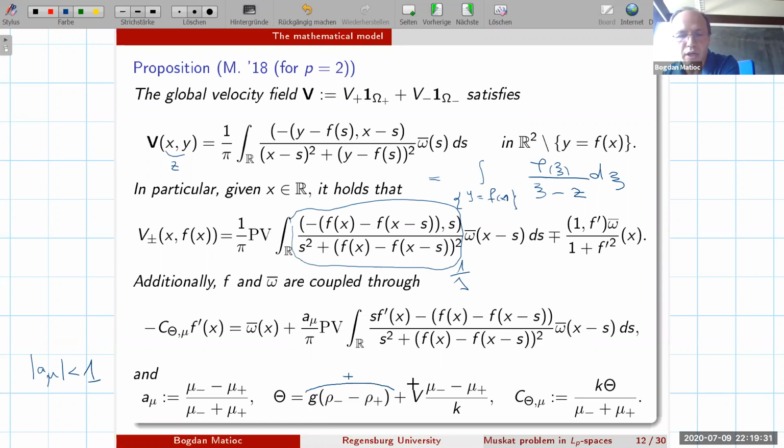When we inject water, then V is positive, and we have here a negative term because mu minus is the viscosity of water, and water flows faster than oil. So this theta measures the balance between gravity and viscosity effects. And c theta mu, which we have on the left, is simply a positive constant, k, the permeability of the porous medium, times theta.